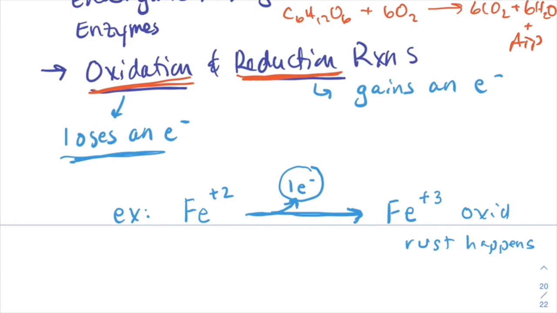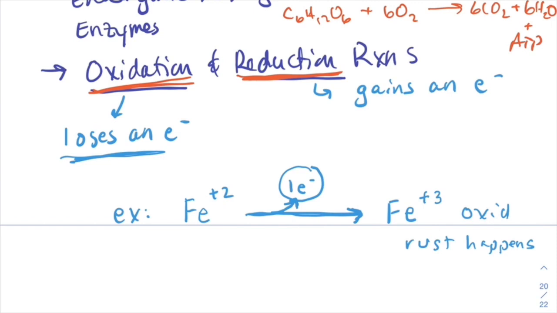The rusting process of the iron that is in your non-stainless steel, iron that's in the steel, for example, underneath your car, it rusts. It loses electrons, and that's what rust basically is. Rust is a result of the oxidation process. So that is an example of that.